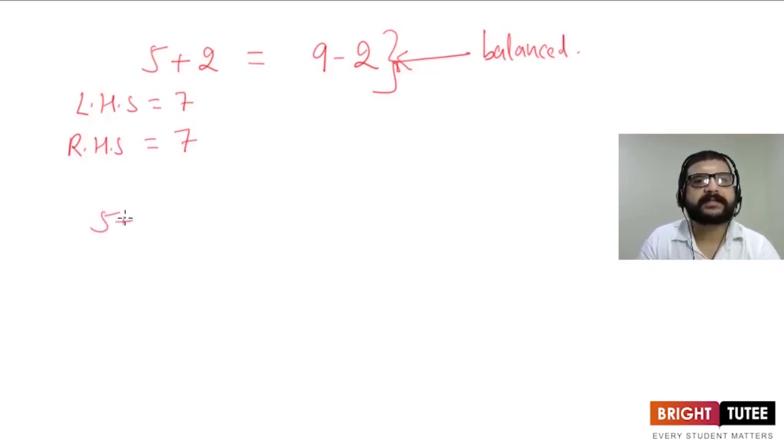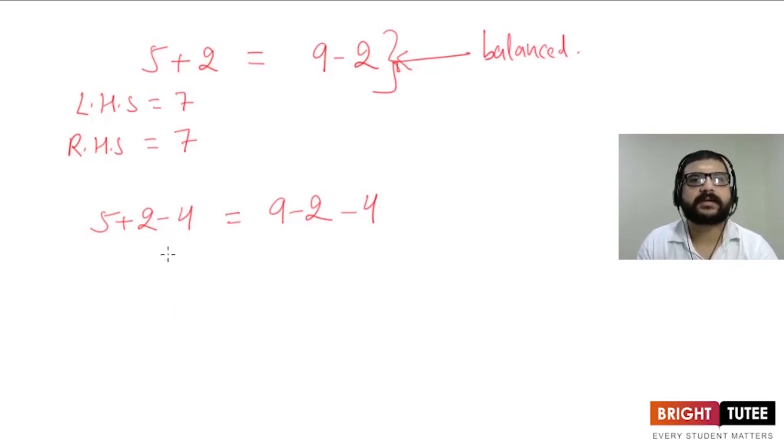We have 5 plus 2 is equal to 9 minus 2. Let's subtract 4 from both the sides. We can subtract any other number also, but we have to subtract the same number from both the sides. So we are subtracting 4 from both the sides here. 5 plus 2 minus 4 is the LHS, and this will be equal to 9 minus 2 minus 4. So here LHS is 5 plus 2 minus 4. 5 plus 2 is 7, 7 minus 4 will give us 3.